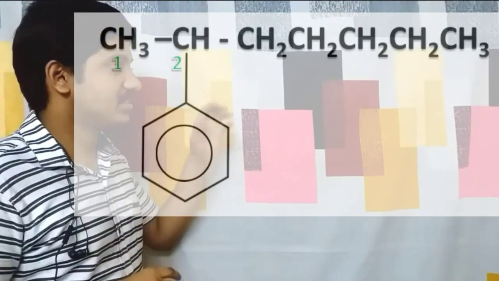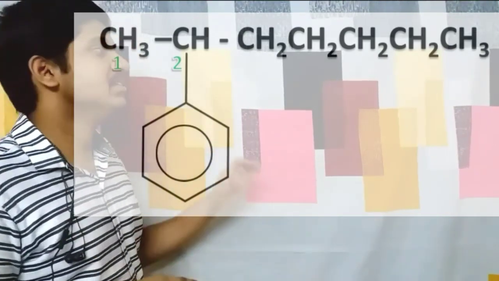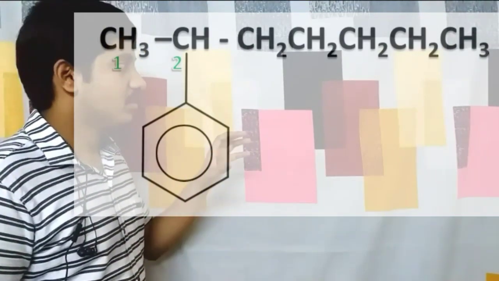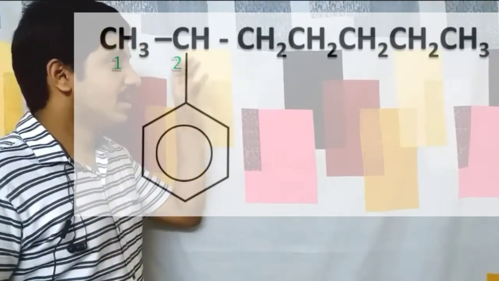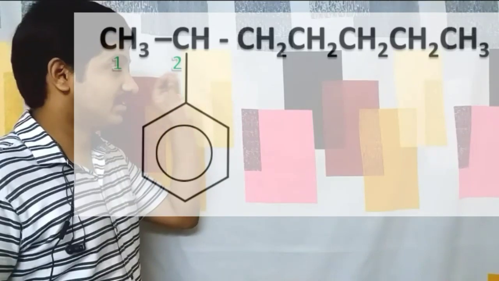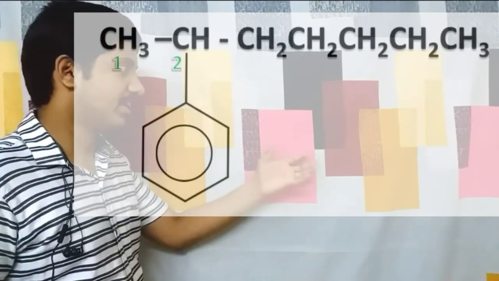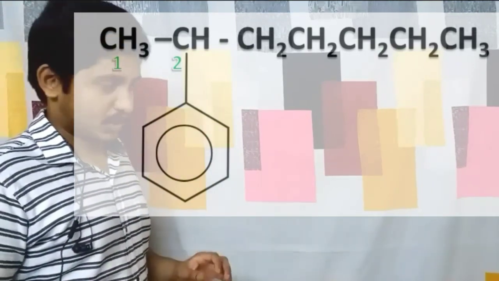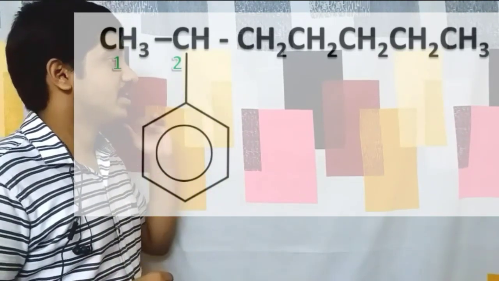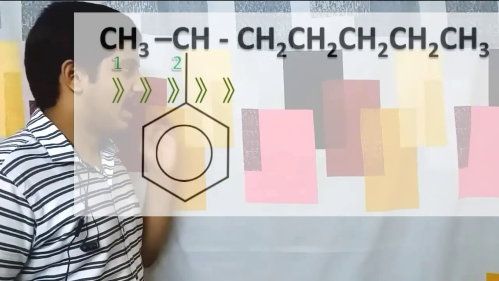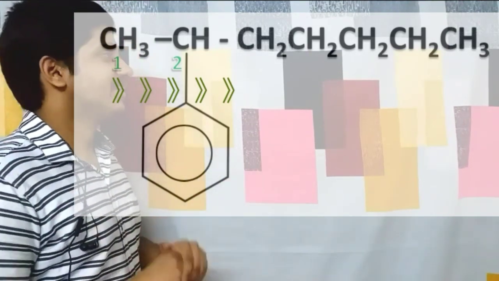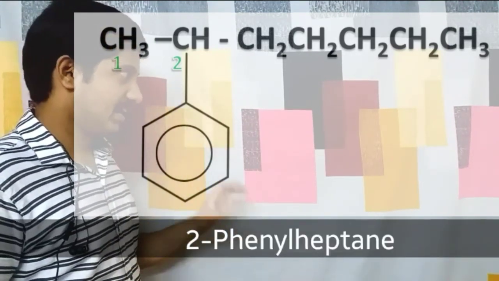So it is greater than the 6 carbon atoms of benzene and hence it is the parent compound, and hence we have to choose the longest chain and the numbering in such a way that the branch, that is here the phenyl group, gets the lowest position. So we have to count in this manner and hence the naming will be 2-phenyl heptane.